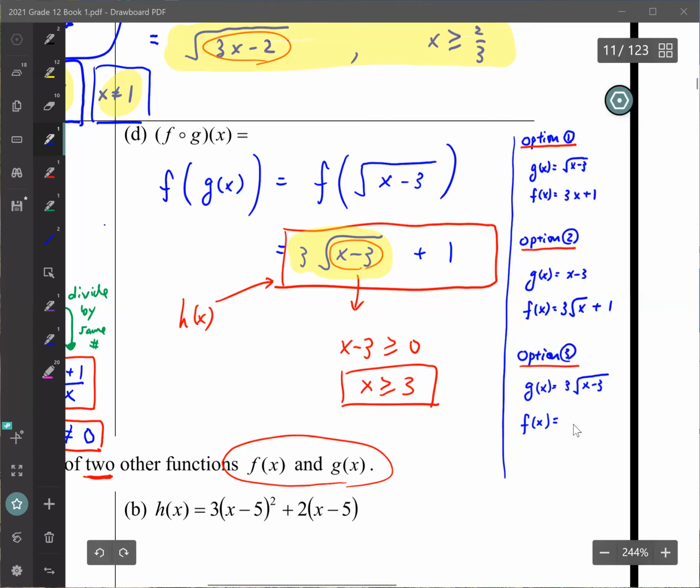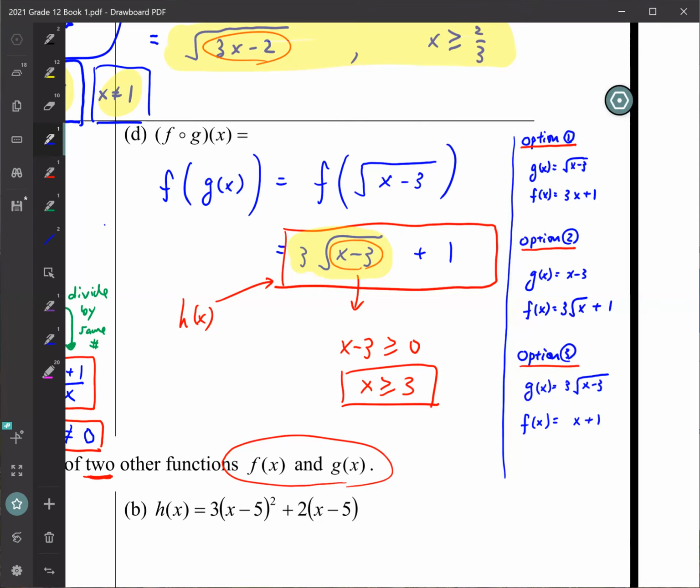If you know the answer, you can raise your hand. Claire, what's your answer? X plus 1. Yeah, very good. So an easy way is whatever you see the yellow highlighted part, that part is gonna be the X, because that's where you put the input.